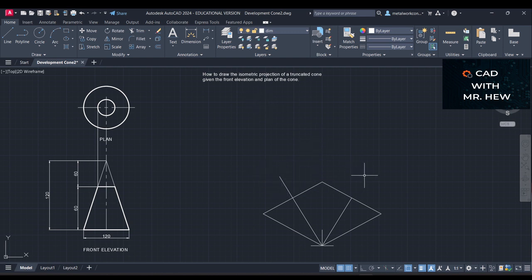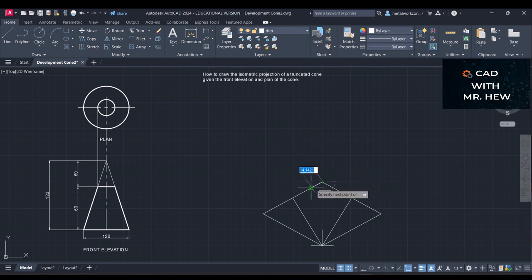So there we have the first step. The next step is to repeat the process from this point up here where my cursor is, where these two lines meet. We draw a line from here, and a line from here.